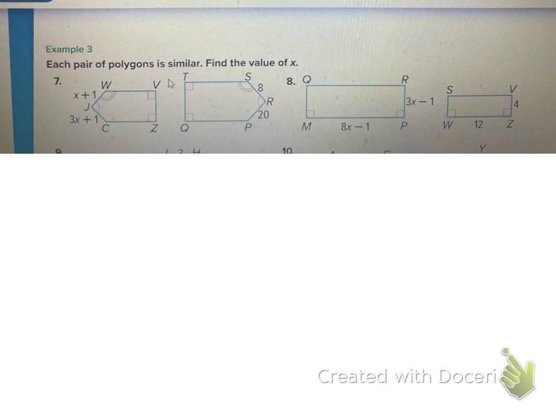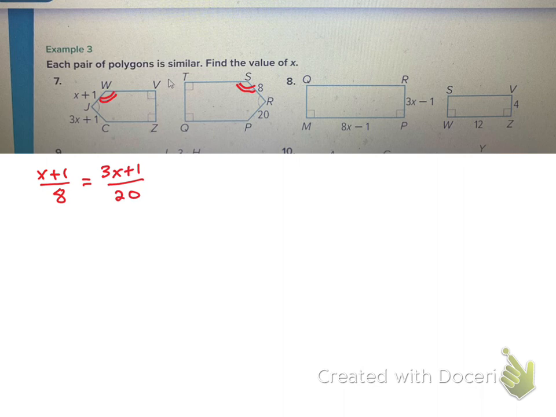Now, if you look at 7, okay, the key here, you really need to look at these angles to get your proportions correct, okay? So, seeing W and S are congruent with the right angles and J and R are congruent, I'm going to do x plus 1 over 8 equals 3x plus 1 over 20, okay?